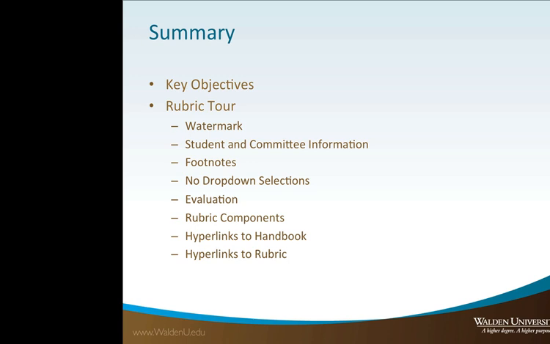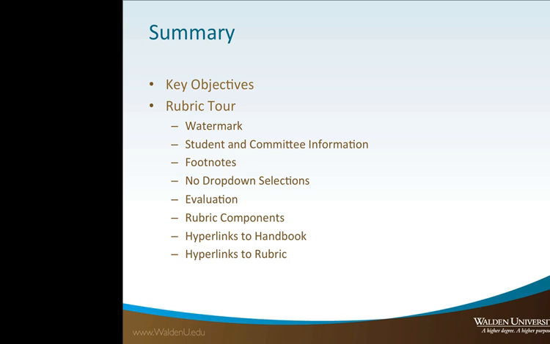We then took a tour of the rubric where I showed you the watermark, which will serve as a document control feature, the student committee information area, the use of footnotes to provide you with additional information.